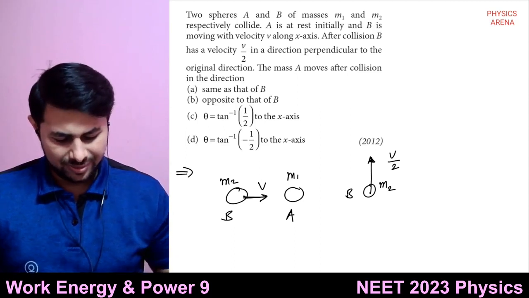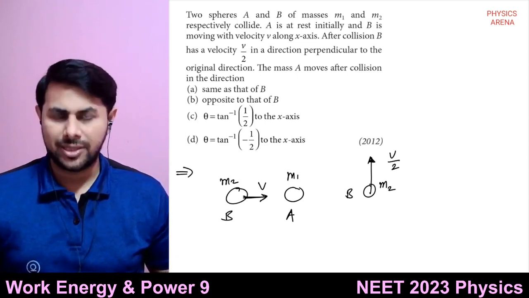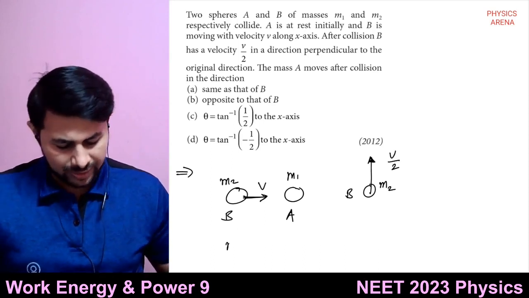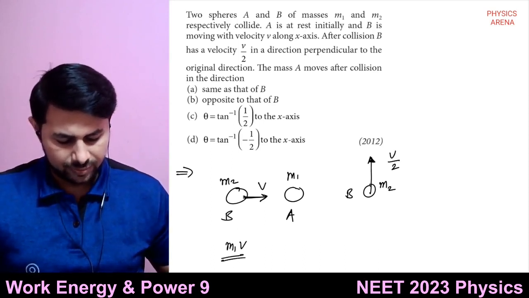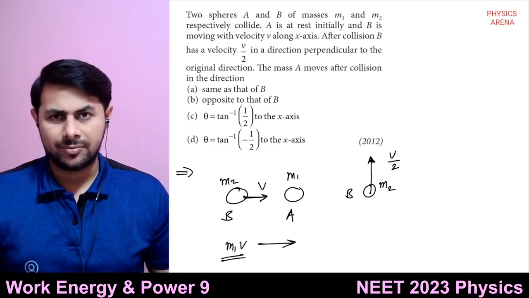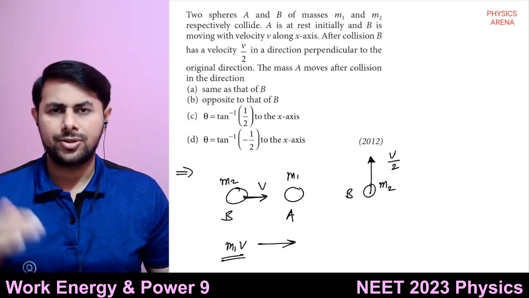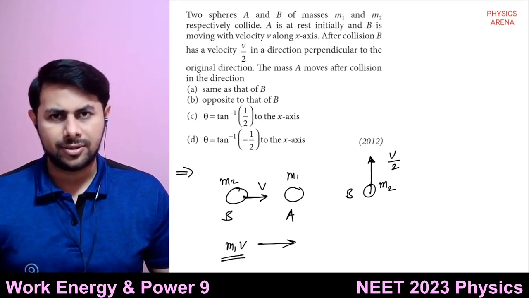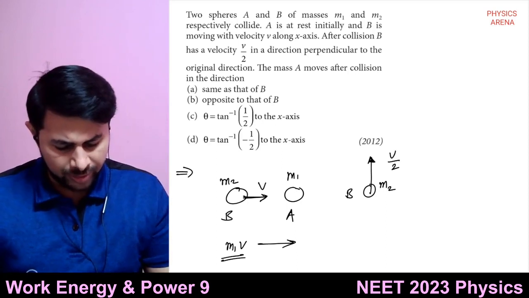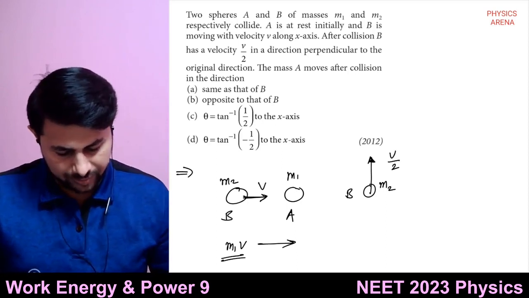So initial momentum was in the x direction. How much was the initial momentum? It was m1 times v in the x direction. How much should the final momentum be? Final momentum should also be m1 times v.